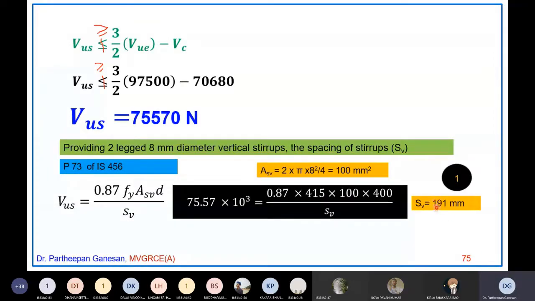Let us say if I take 200 mm here, all of you pay clear attention here. If I take 200 mm and if you put 200 mm here, this value will be less than 75. What do you mean by VUS?